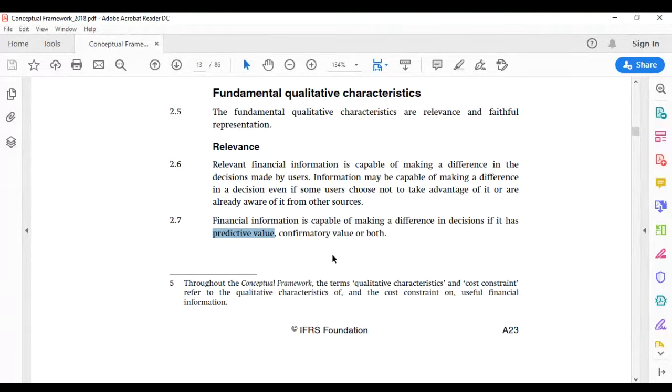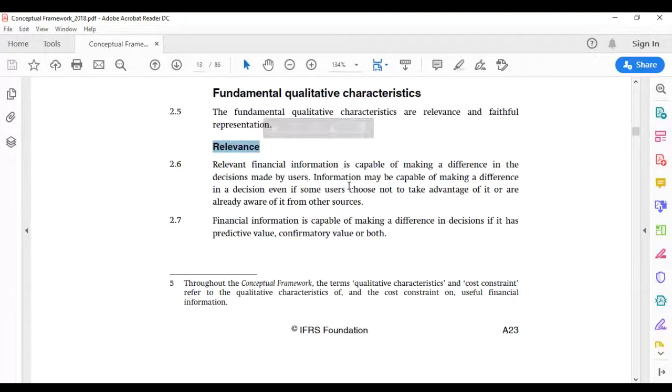So you can use the financial statements from the previous year, the 2020 year, to predict what will in all probability happen in the next year, the 2021 year, right? So if that information provides you with predictive or confirmatory values or both, then we say the information is relevant, right?